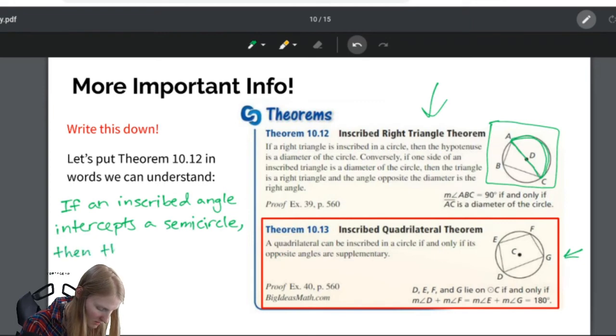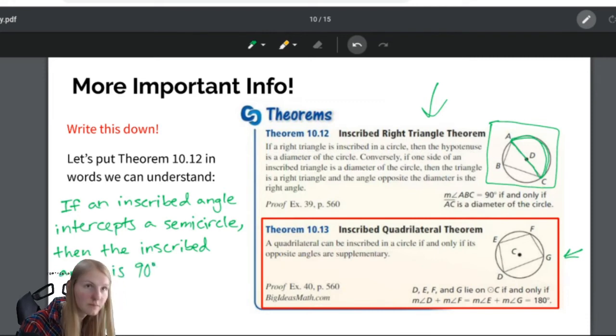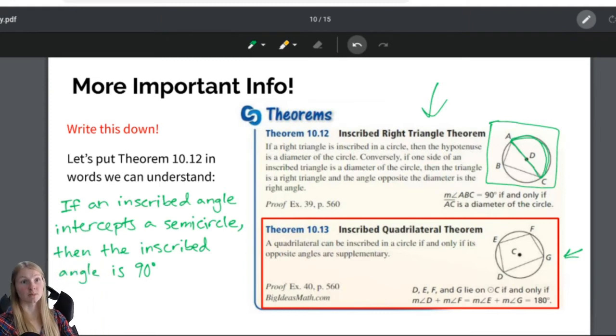Then the inscribed angle is 90 degrees. And this is magical. This is very magical. So no matter what, if you have a diameter, okay, this is getting muddy.